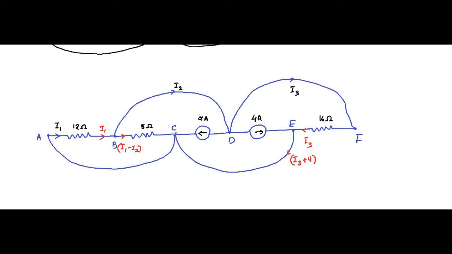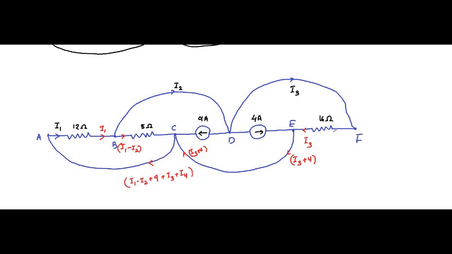So at node C we have I3 plus 4 approaching, 9 ampere approaching, and I1 minus I2 approaching. The total current here will be the sum of each of these currents: I1 minus I2, plus 9 ampere, plus I3 plus 4.